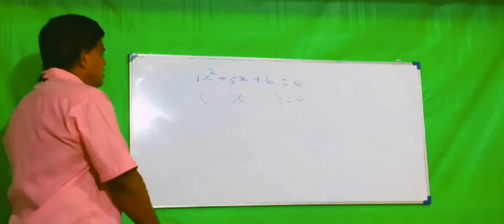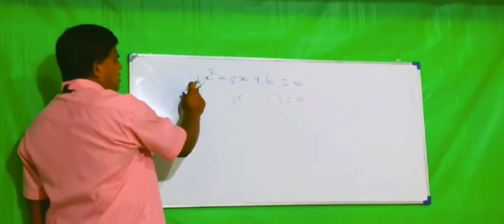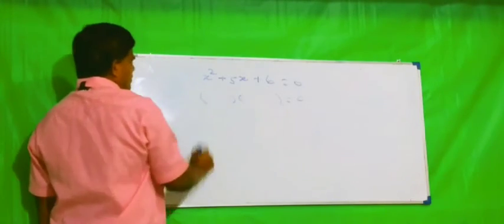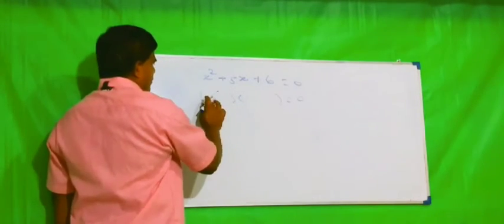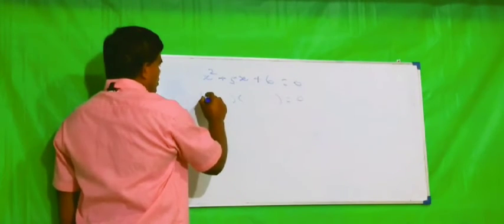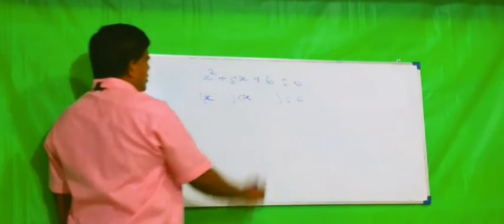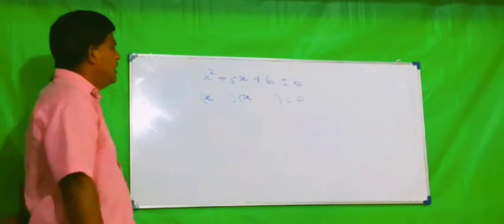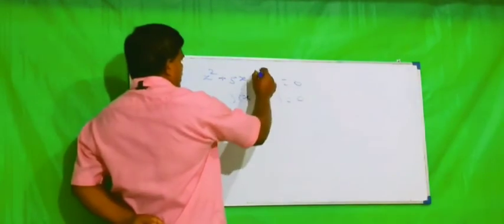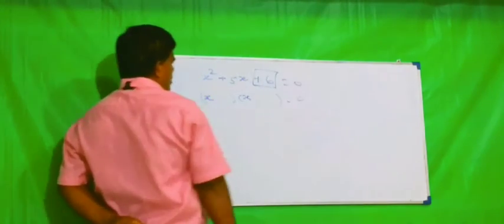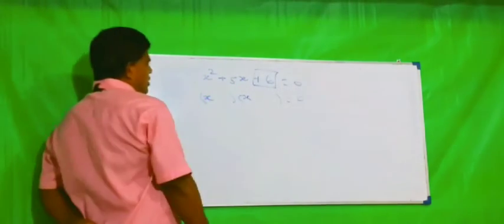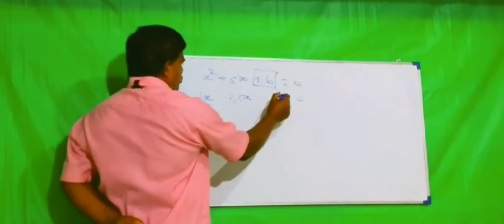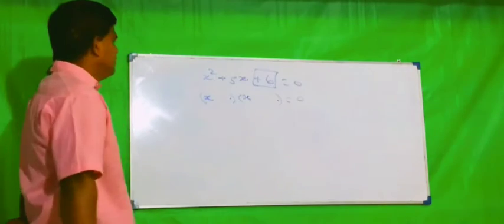Here the coefficient of the square term is 1, so the first term in each factor should be x, and x into x is x squared. The last value is obtained by multiplying the second terms of these factors.